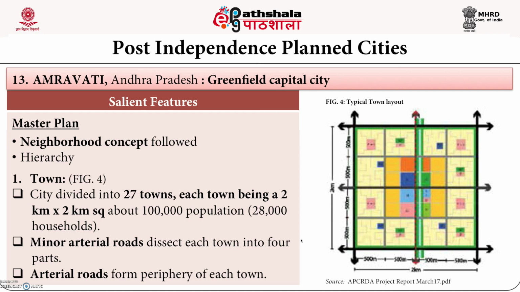There were minor arterial roads which dissected each town into 4 parts, and the arterial roads form the periphery of each town.